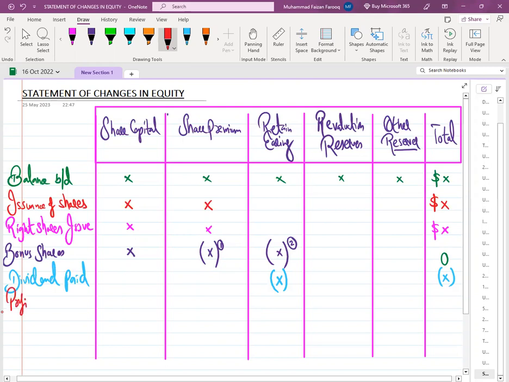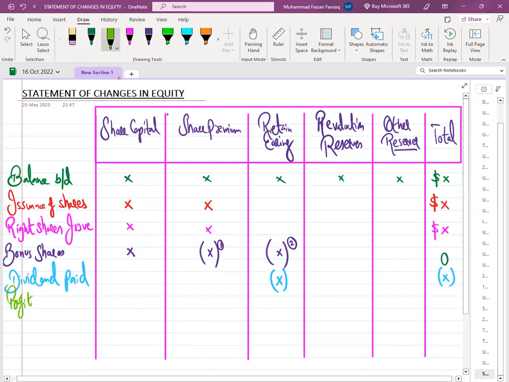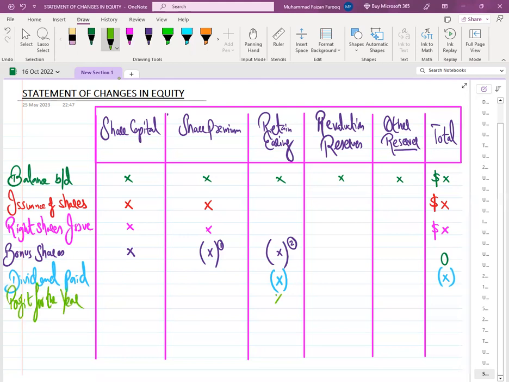Profit for the year. Profit is going to be part of retained earnings. If it is a profit, it's going to be added in retained earnings, which means the total impact is plus.